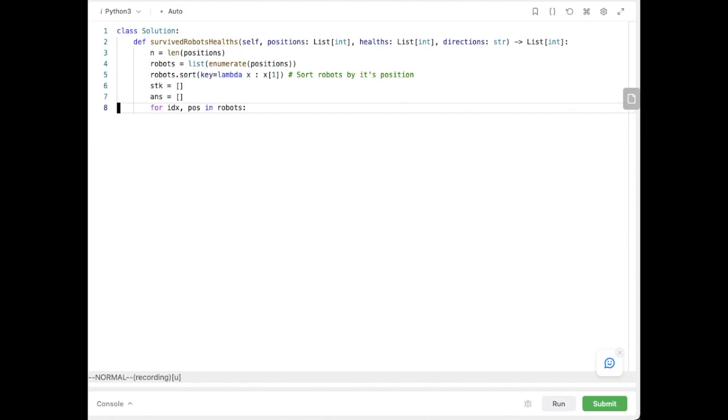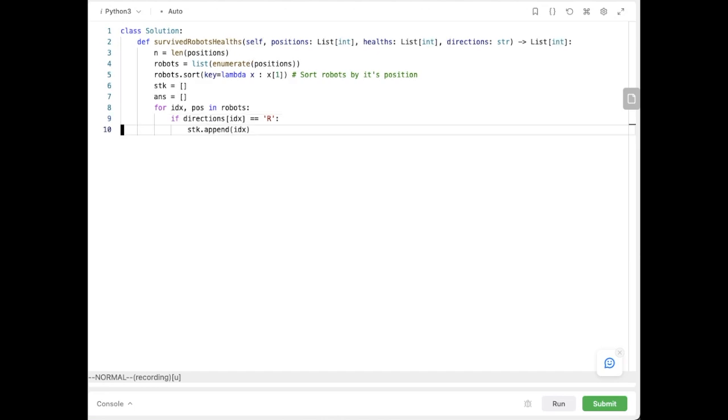So for each index and position in the robots, if it is going right, then as I mentioned before, even if it has a collision later, it's not happening right now at this moment. So we're just going to append it to the stack first. We're going to deal with it later. And otherwise, if it is going left, and also if there is something on the stack, it means that this current robot will have some collision, right?